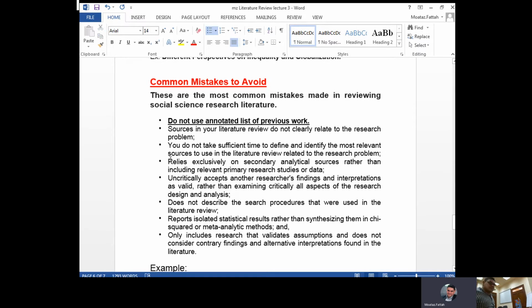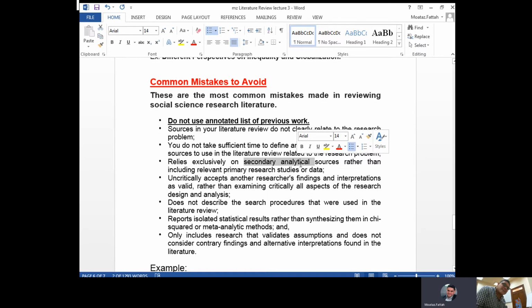Sometimes a mistake is made when you rely exclusively on secondary analytical sources rather than including primary research studies or data. Sometimes, okay, Mu'taz did a piece of research based on data collected by somebody else.